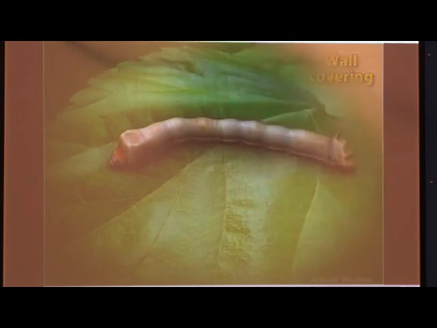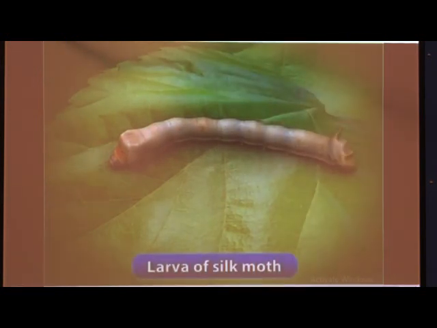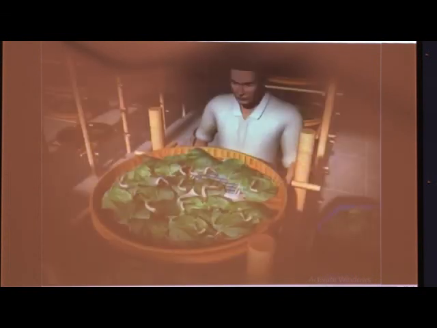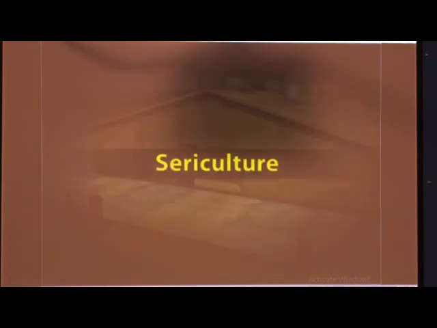Silk is produced naturally by larva of silk moth. The best variety of silk is obtained from the larva of the silk moth, Bombyx mori. The practice of rearing silkworms in captivity to produce silk on a large scale is called sericulture.